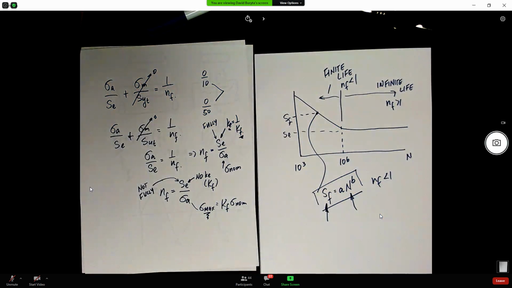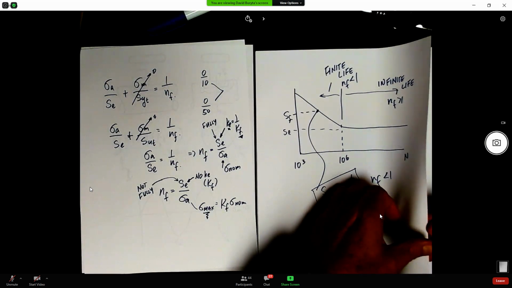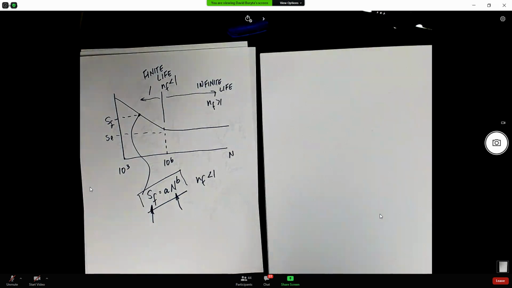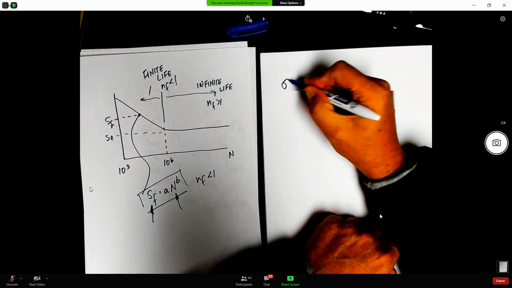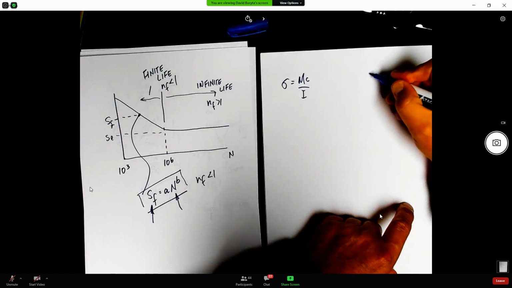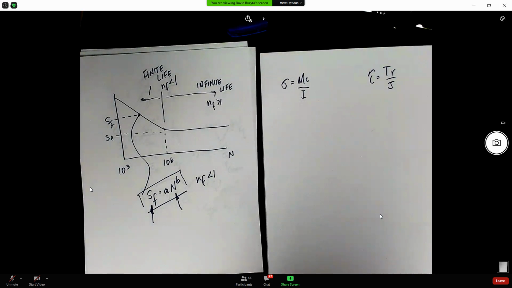So if you remember what we did in strength of materials, and this is talked about a little bit in the textbook when they do the theories of failure and the design equations for shafts, we had for bending stress My over I, and for torsional shear stress, we had Tr over J, right? Remember that?